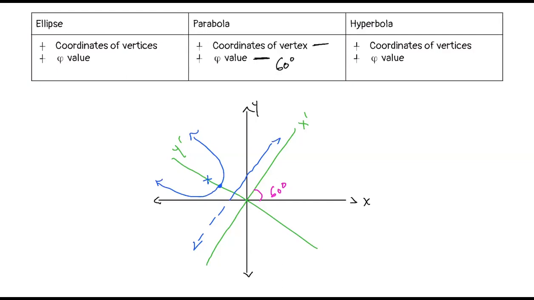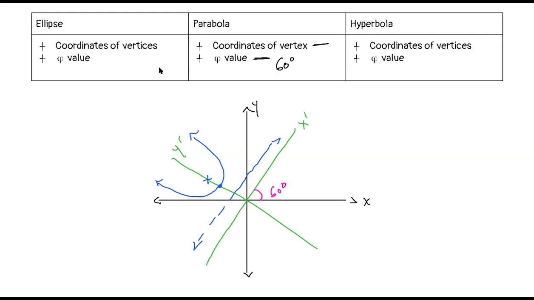Are there any questions about this last example? So for graphing it, we use the phi value to tell how far the graph is tilted or rotated.